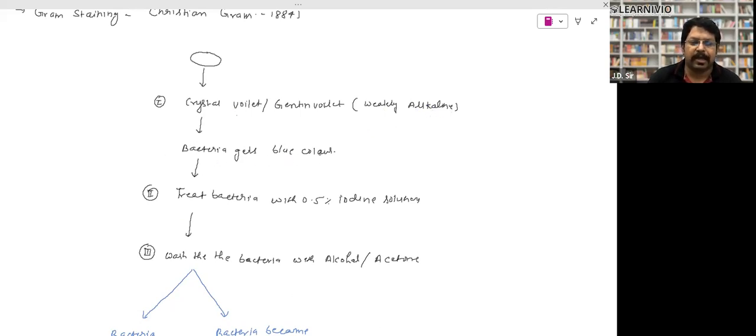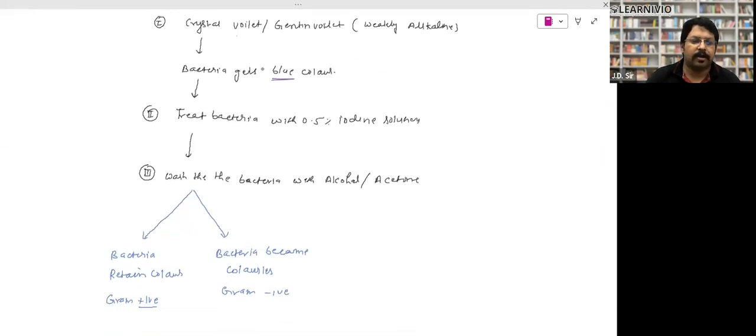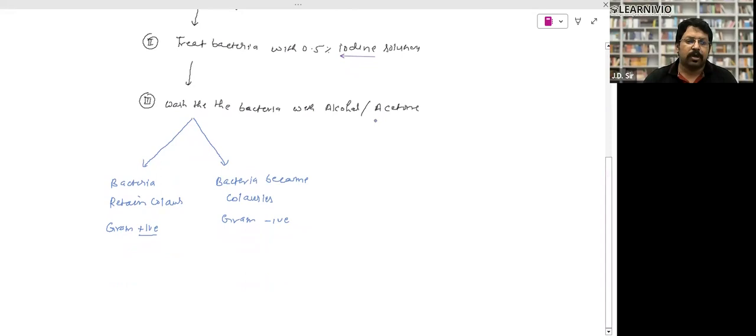So the bacteria get blue color after the coloring with the crystal violet, and then the bacteria is treated with 0.5% iodine solution, right? Then the bacteria is washed with alcohol or acetone. After that, the bacteria that retain the blue color are called gram positive, and bacteria which become colorless are called gram negative, right?